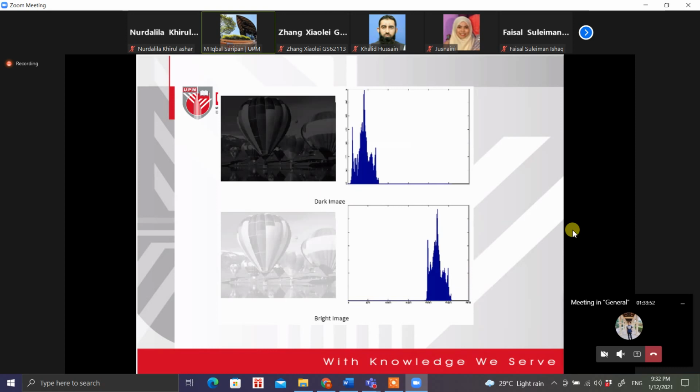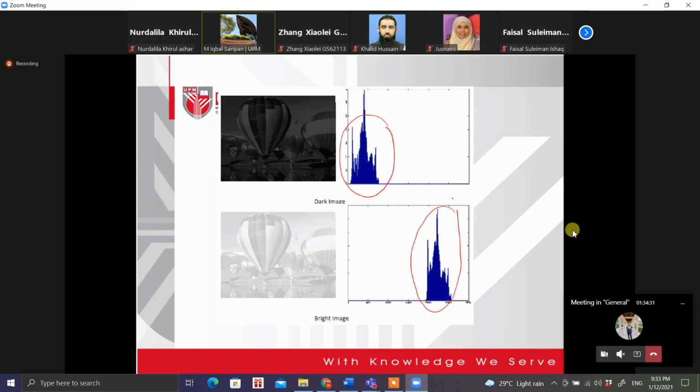You can see here that this is a dark image because all the pixel values lie in the dark region, whereas in the bottom image you can see that the image is too bright, and therefore all pixels appear in the brightest side of the histogram. So that's why I mentioned earlier, you need to look at the image first, and then from there you shall know what would be the transformation function if you use the previous method.